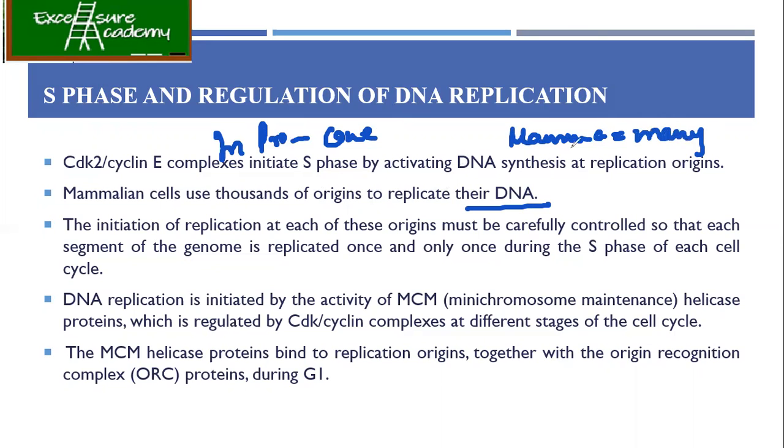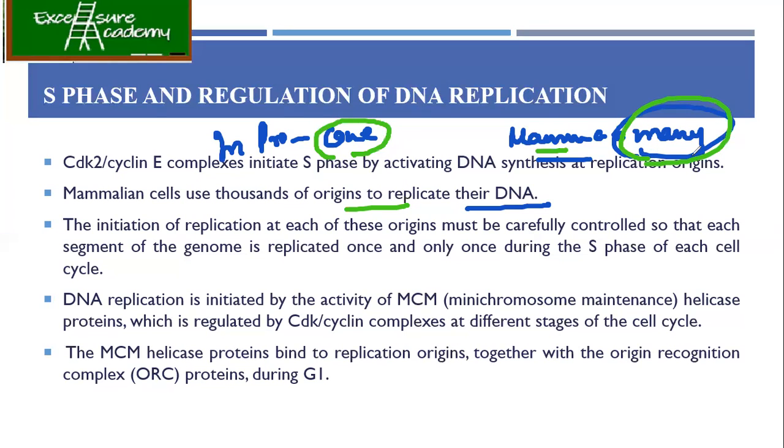Now, why in case of mammals do we have got many? What will be the answer for this? It's a very simple answer. Guess. It's okay, even if it is wrong, I'm there to help. So the question is that in prokaryotes you have got one origin of replication, whereas in case of mammals or eukaryotic cells you have got many origins of replication.